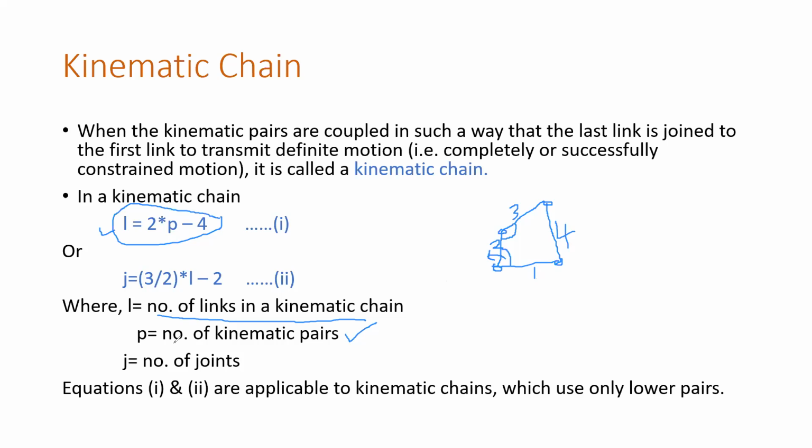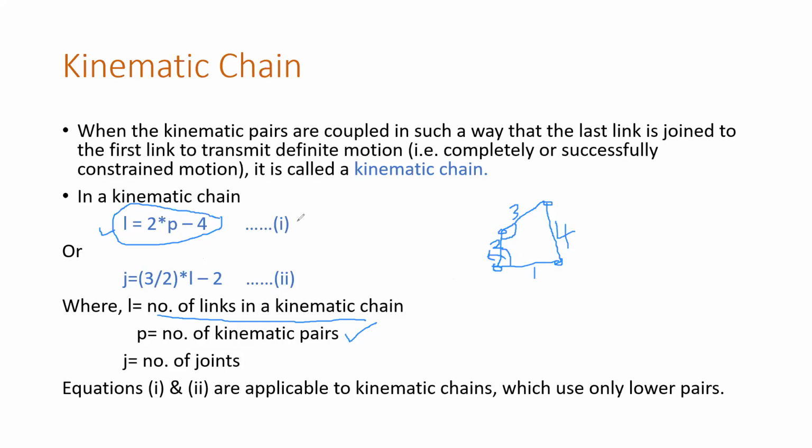So the number of pairs p is 4. Here 2 into 4 minus 4 means 8 minus 4, which is 4. And the number of links L is 4. So 4 equals 4, which means whatever I have drawn here is a kinematic chain.